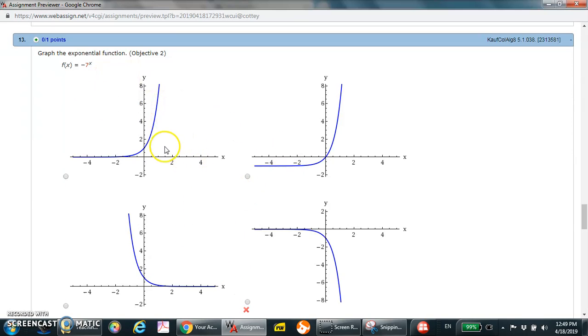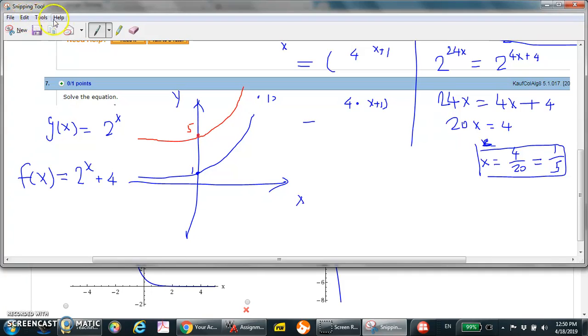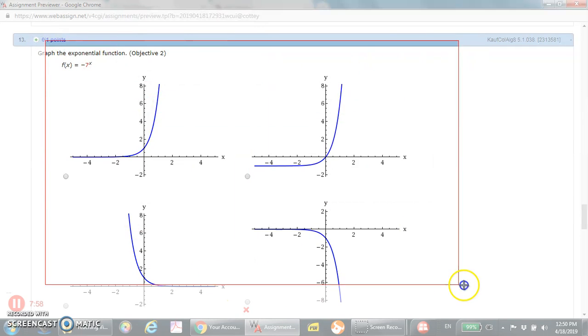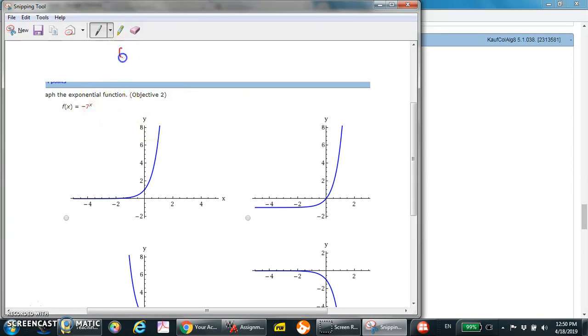So this time, if we consider the function g(x) equals 2 to the x, we know the graph of this function is like this. It also goes up to the right and passes the point 0, 1.